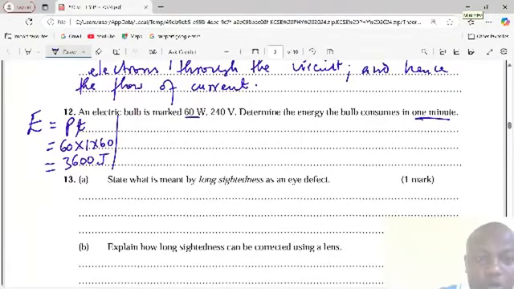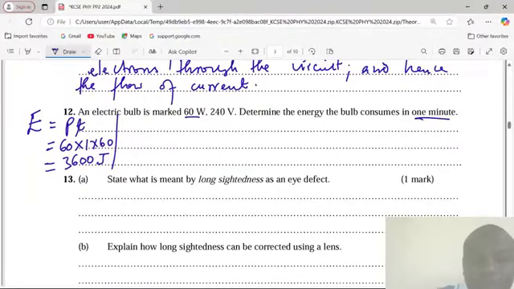But there might be several alternatives of working this one out. Alternatively, power is given by voltage times the current.